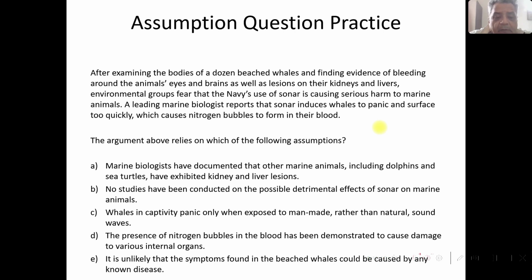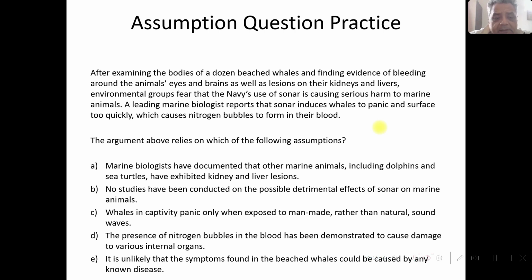C says whales in captivity panic only when exposed to man-made rather than natural sound waves. So first of all, the argument is not about whales in captivity. Captivity means they are talking about whales that are captive in aquariums. But here the argument is about feral whales, or the whales which live in the open sea.